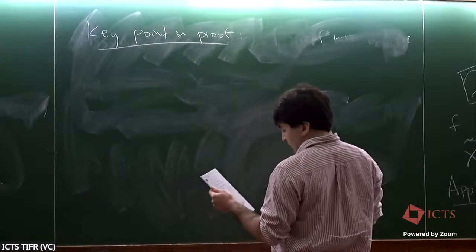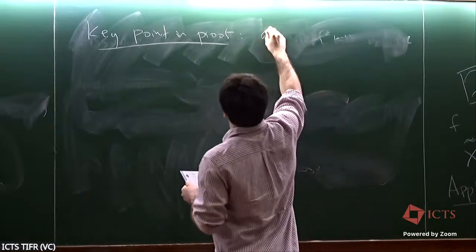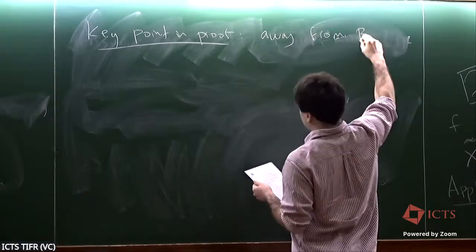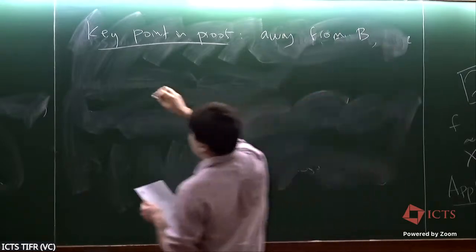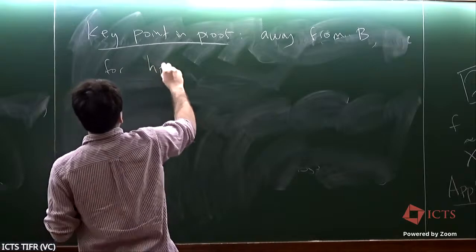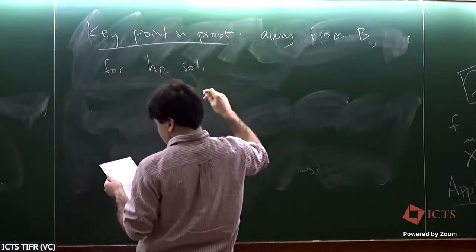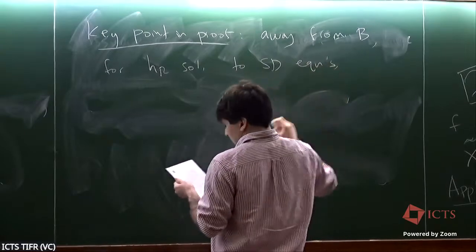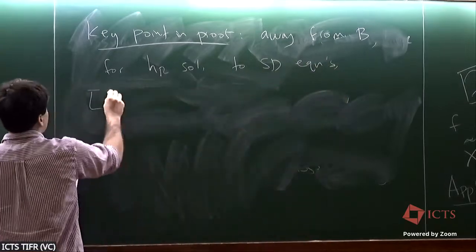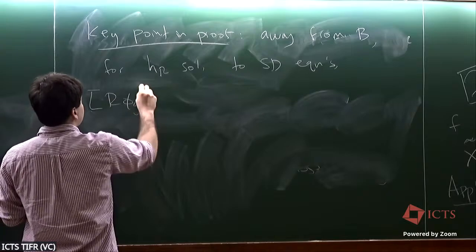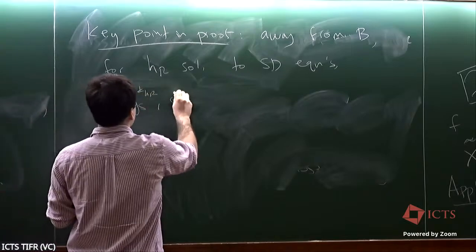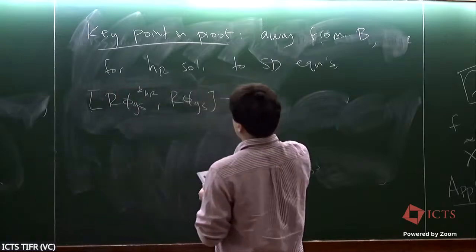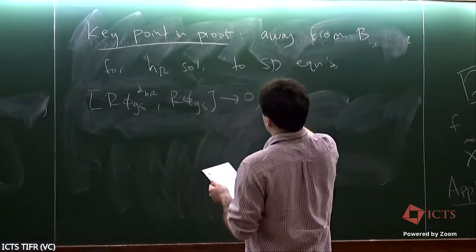So this is maybe a more technical statement. Away from the bad set B, which is suitably defined, if I call HR the Hermitian metric solving the self-duality equations, one can show that R phi GS adjoint with respect to HR, R phi GS goes to 0, exponentially in fact.